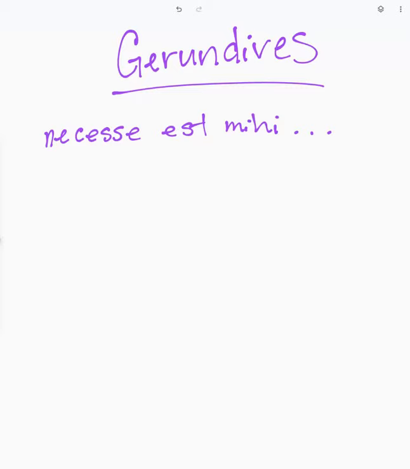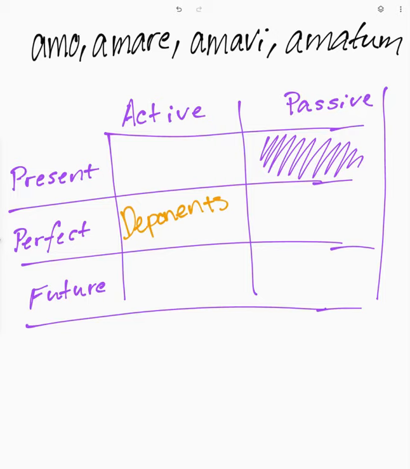But today we're going to use a gerundive to show the same obligation, something that is necessary or required to do. So how do I form it? Well, first of all, we need to go back and think about participles. Let's review participles. We've had the present active participle, which comes from the second principal part. Take off the RE and add an NS, becoming amans, translating as loving.